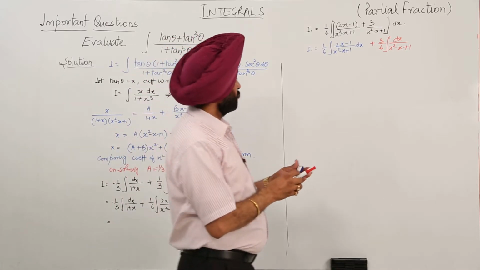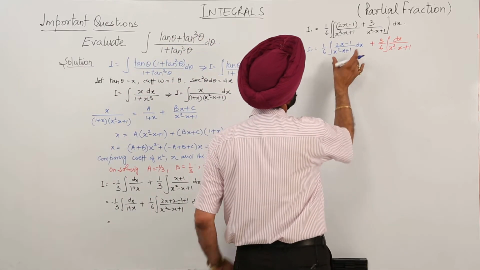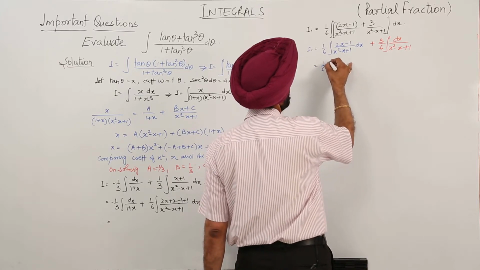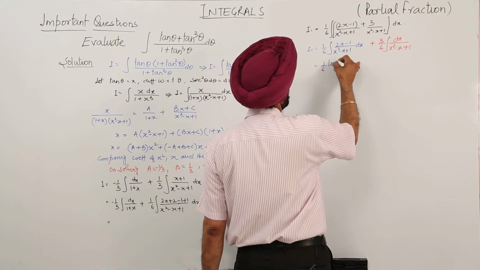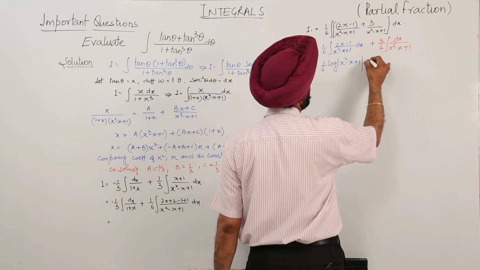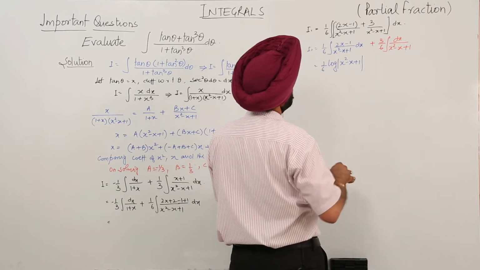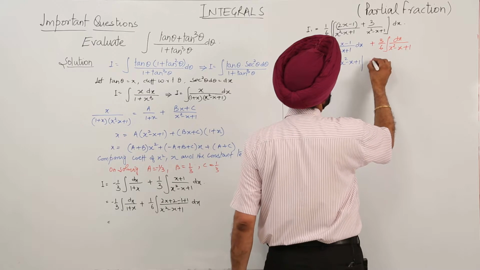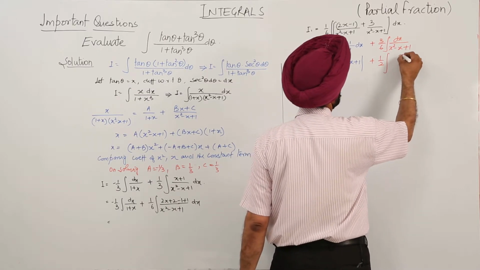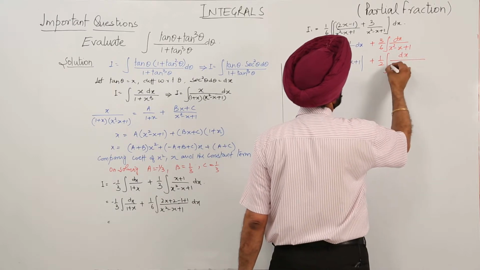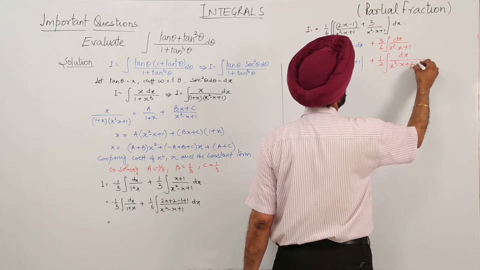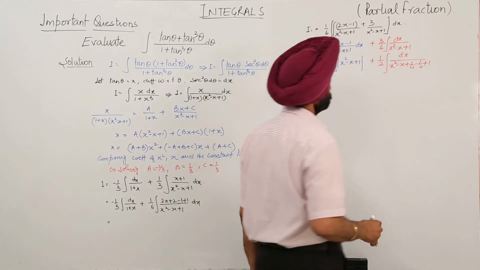Now moving in the same sequence, what are we getting? 1 by 6 log mod of x square minus x plus 1, and this becomes plus 1 by 2 integration of dx upon (x minus 1 by 2) whole square plus (1 by 4 minus 1 by 4 plus 1).